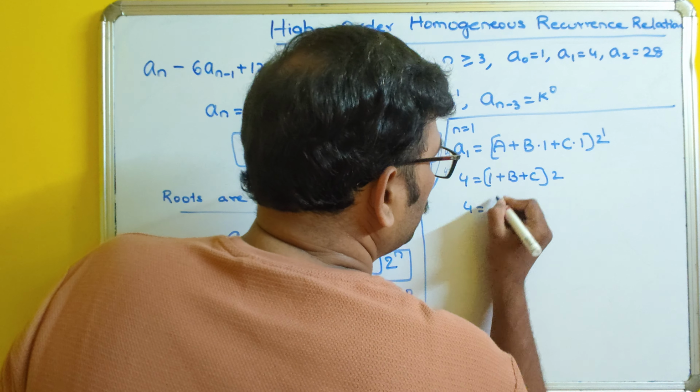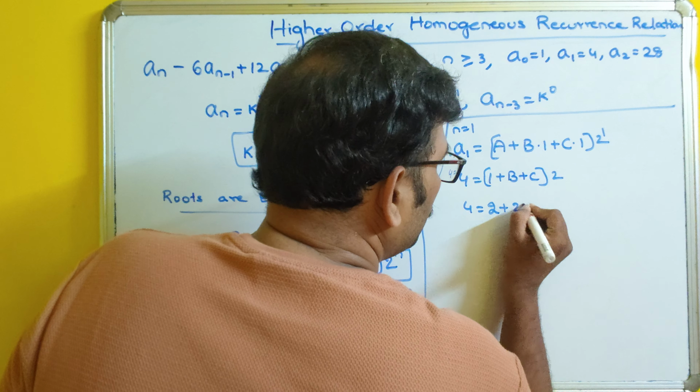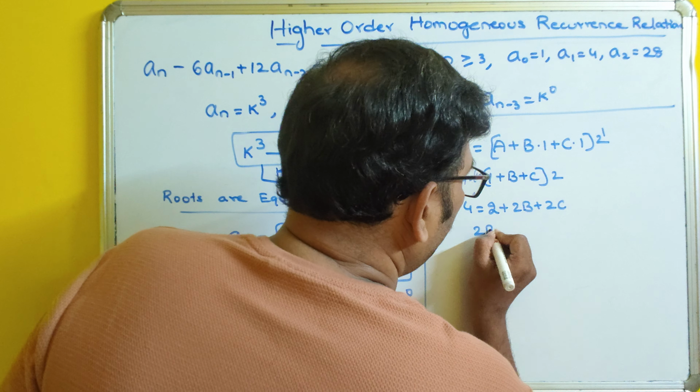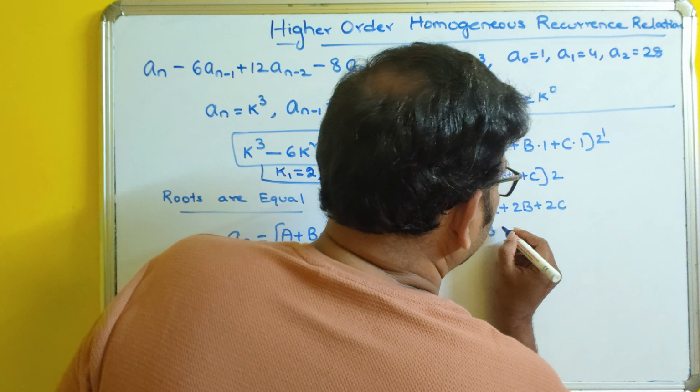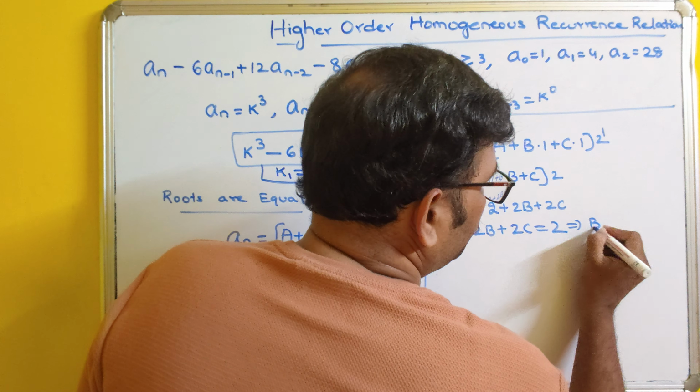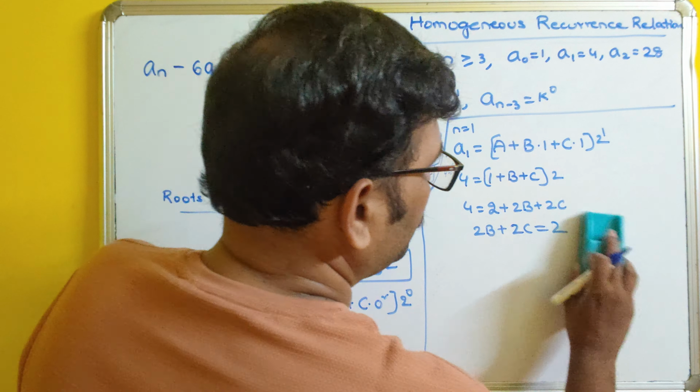So 4 is equal to 2 plus 2b plus 2c. So 2b plus 2c is equal to 2. Okay. So just leave it.